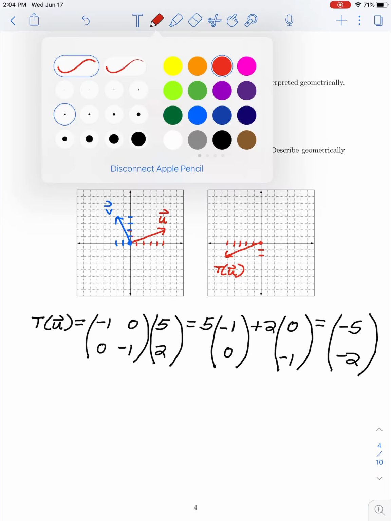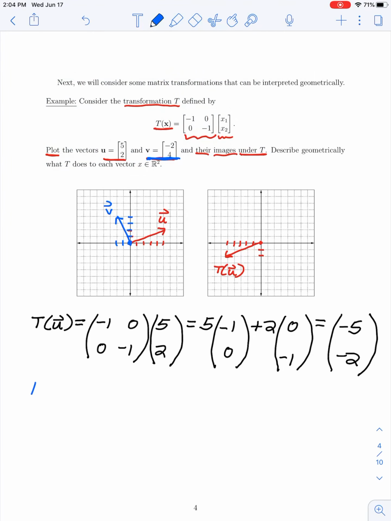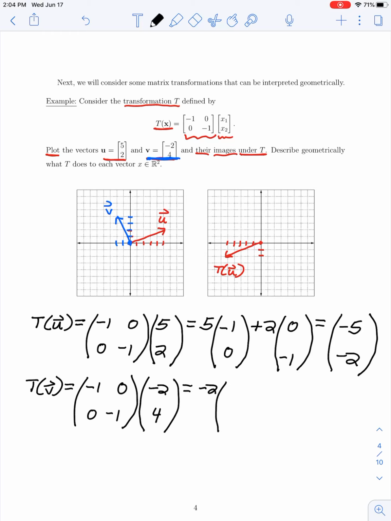So let's see if the same thing happens with the vector v. For T of v, we're taking the matrix -1, 0, 0, -1, and multiplying by the vector v, which was -2, 4. So we have -2 times -1, 0, plus 4 times 0, -1.